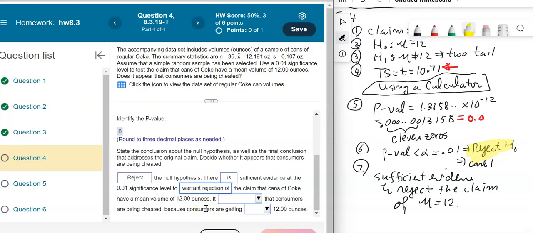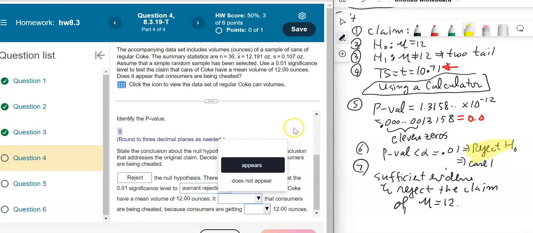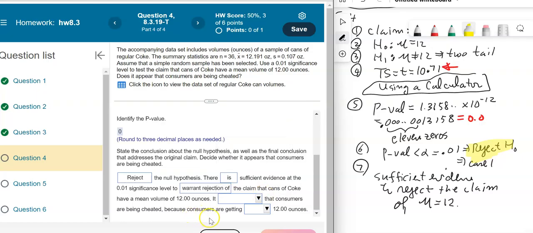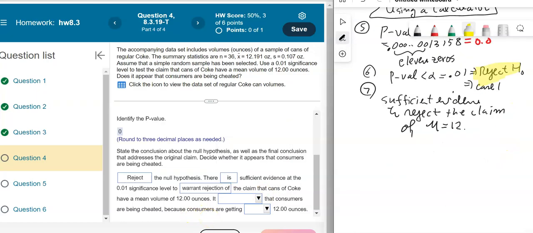Now, it doesn't appear the consumer is being cheated. What do you mean by cheating? Think about a Coke can.